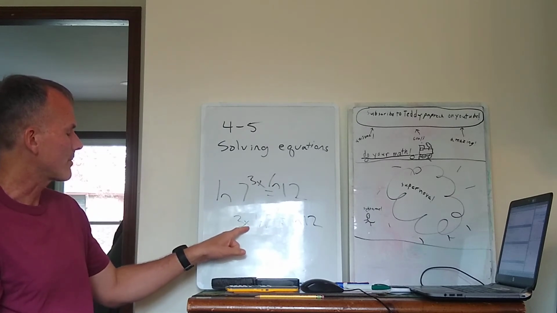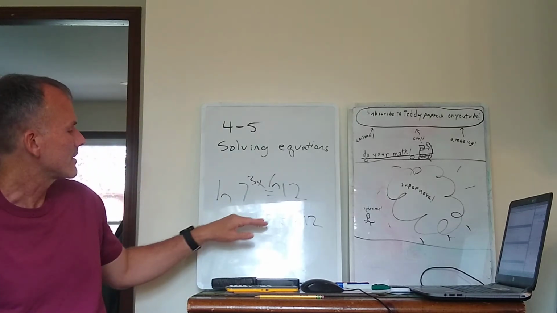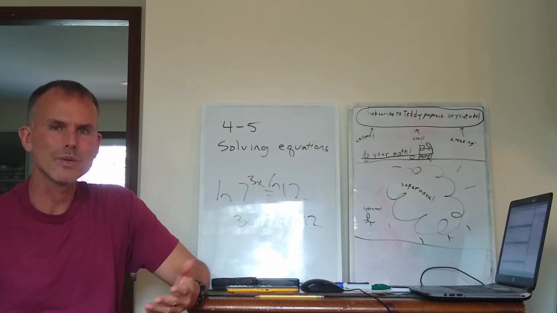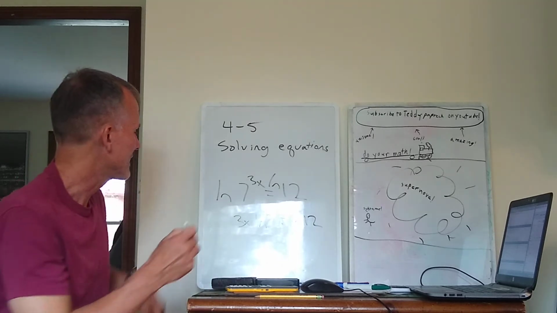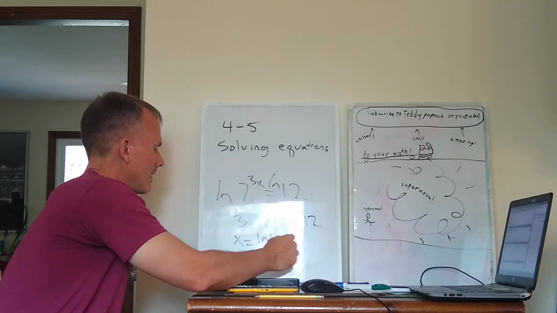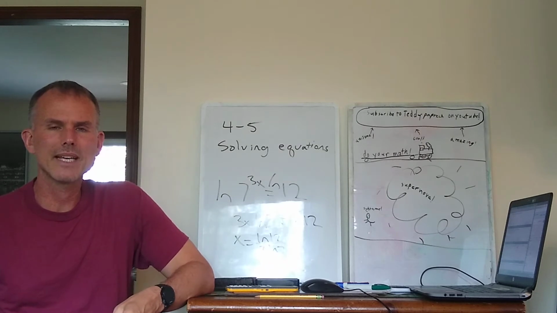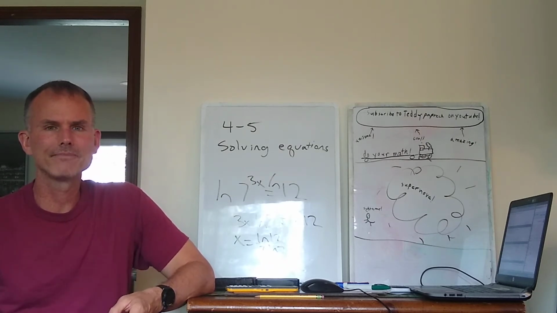X is being multiplied by 3 and also by natural log 7, so I can divide both sides of the equation by 3 as well as natural log 7. And I get x is natural log 12 divided by 3 natural log 7. That's your exact answer in terms of logarithms right there. For a decimal approximation, I think you know what to do.